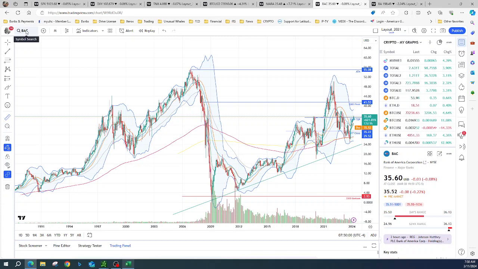Because if those big banks, Bank of America, JP Morgan, and Wells Fargo, fail now, the entire world economy will crash. They cannot crash nowadays.